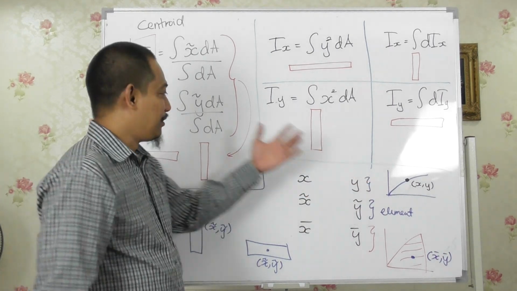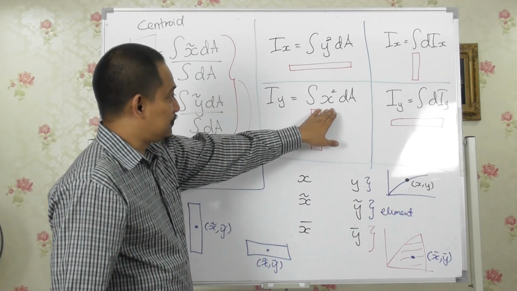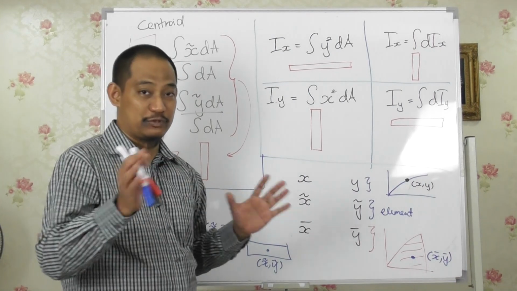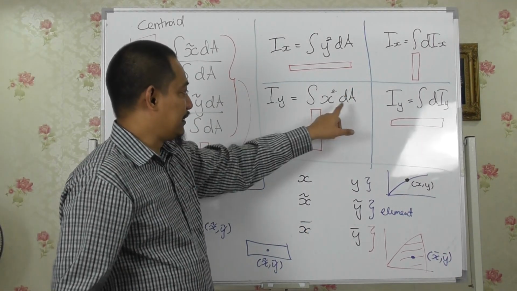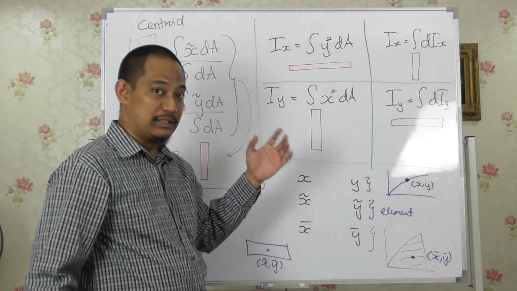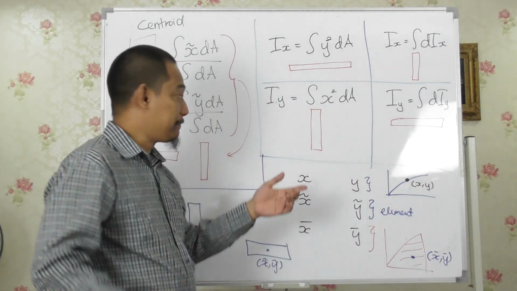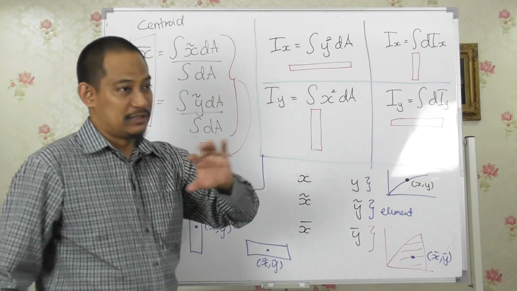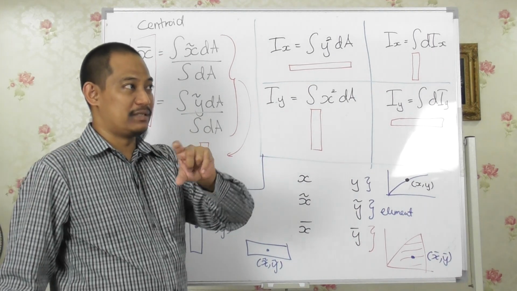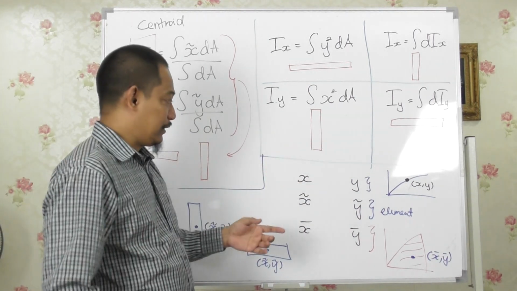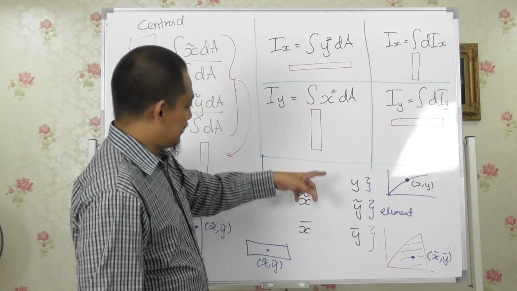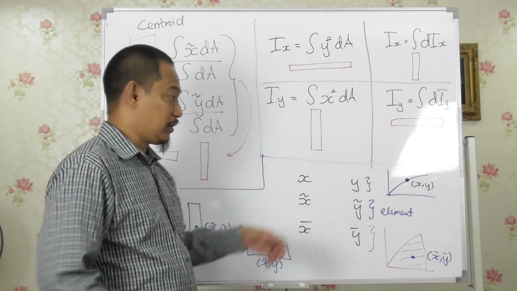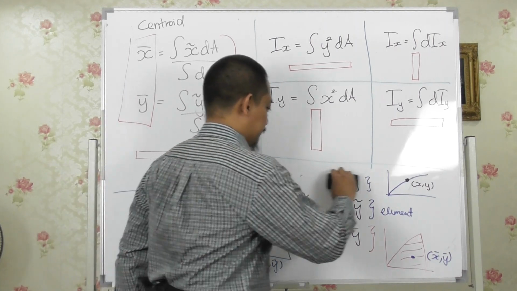Do not change, meaning that you do not have to change the equation. You just find what dA is, plug in, and then you are ready to integrate, be it with respect to x or y. So this is directly related to the function. When you have y equal to mx plus c, that y and x is this y and x. All right, so that is fine.